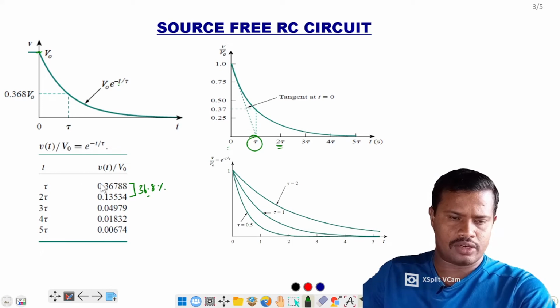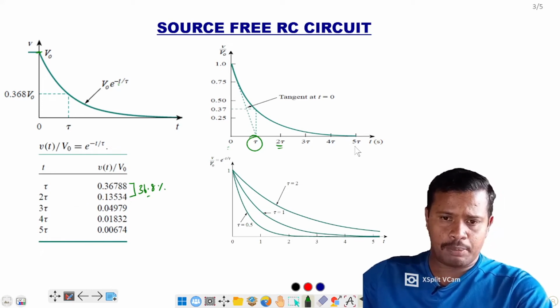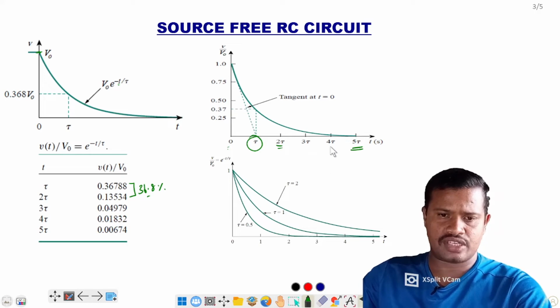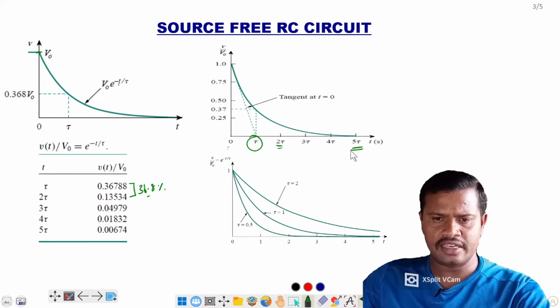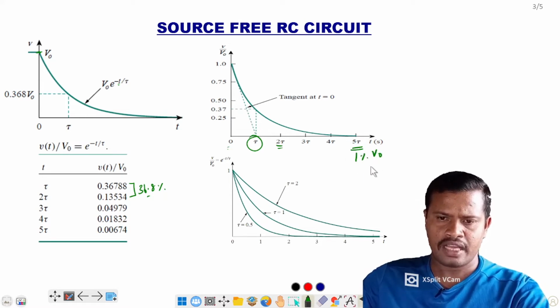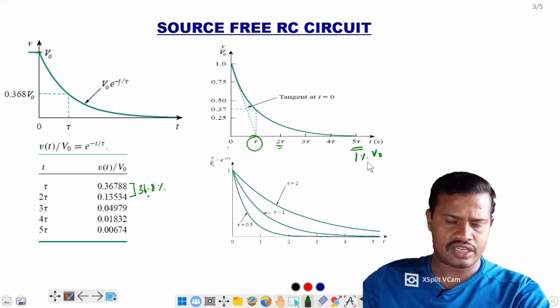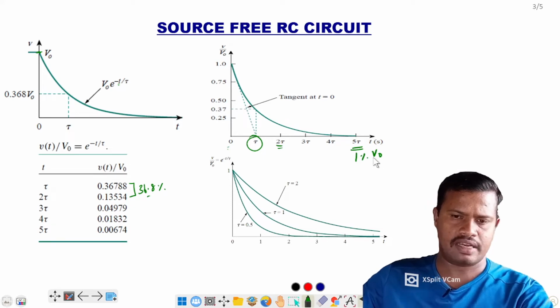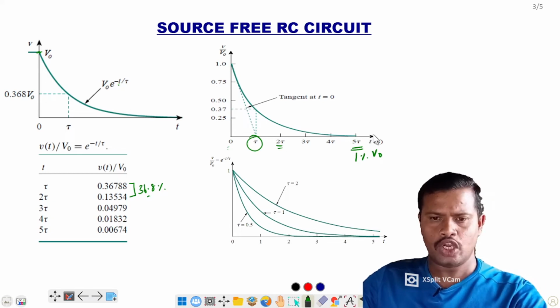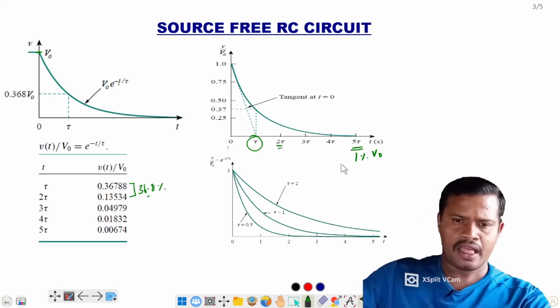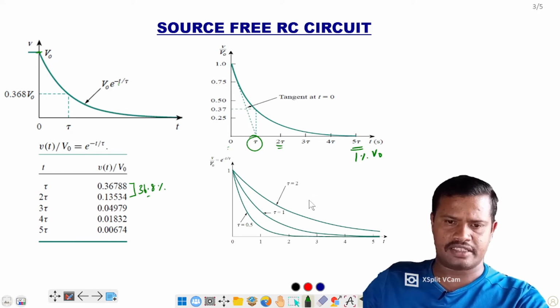One more thing to note is that at approximately 5 time constants, the response reaches the steady state or final state, because the response at 5 time constants reaches 1% of its initial value. Here the initial value is V0, so the voltage reaches 1% of its initial value. At that time we take it as having reached its final state for approximation or practical purposes. Now we will see the effect of time constants.